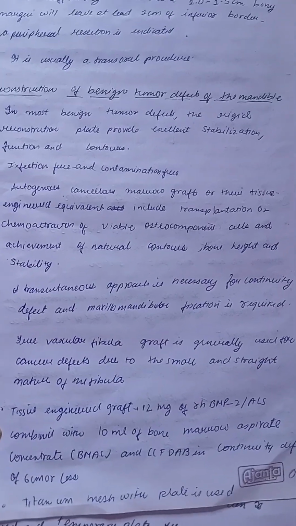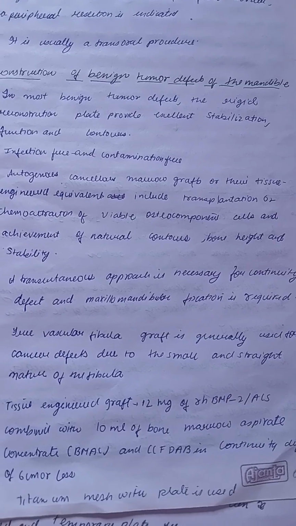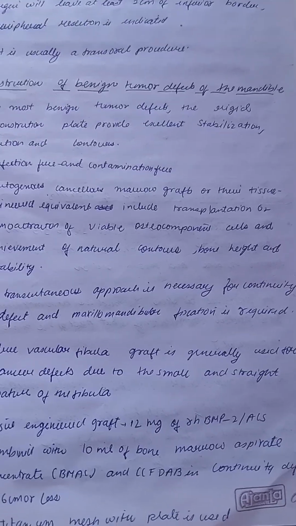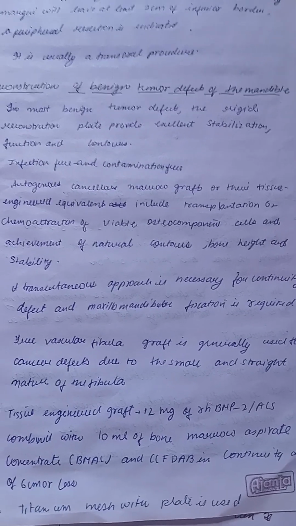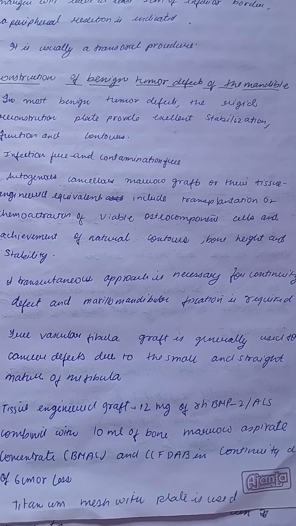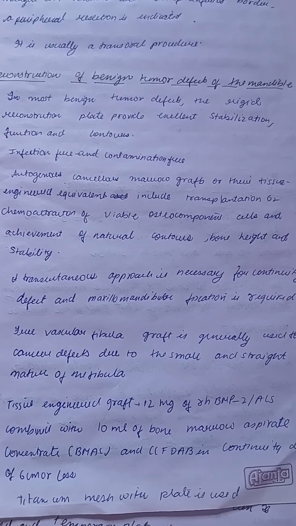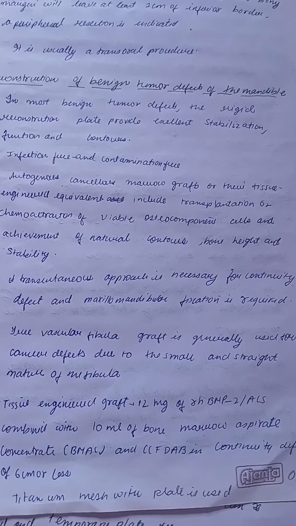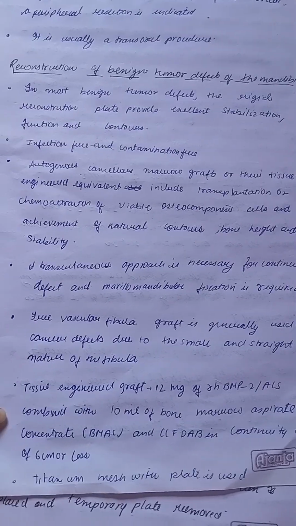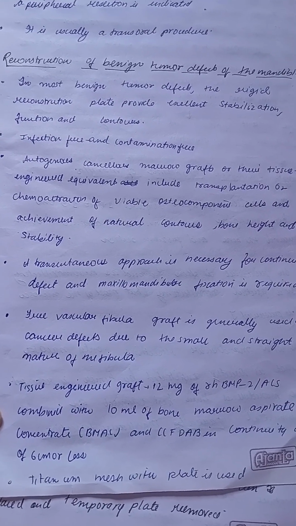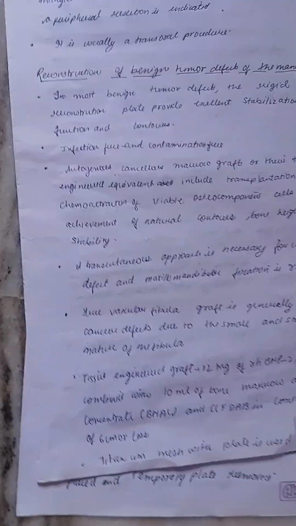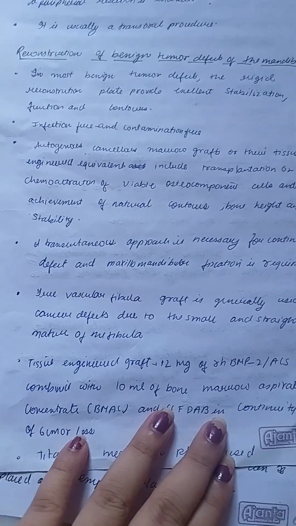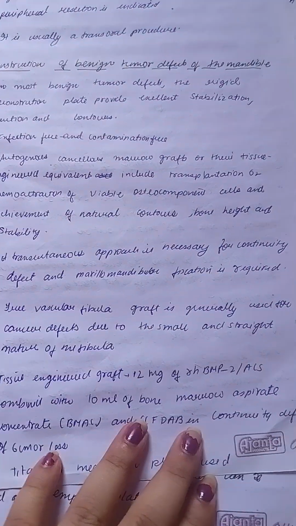Now tissue engineered graft, that is 12 mg of rhBMP-2, recombinant human bone morphogenic protein. So 12 mg of rhBMP-2/ACS, that is acellular collagen sponge, combined with 10 ml of bone marrow aspirate concentrate and CCFDBA in continuity defects of 6 centimeters or less. We have also studied that we use this material during peripheral resection.